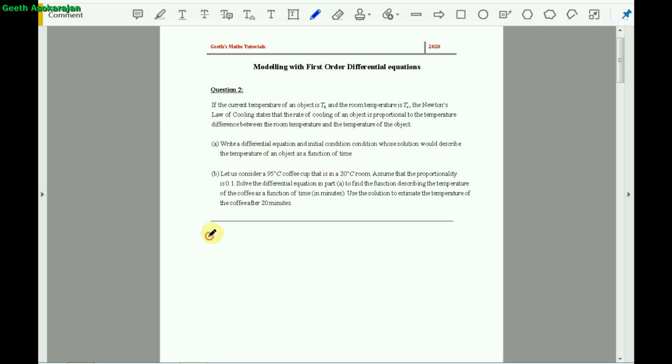So let's have a look at part A of this problem. So here's part A. Now let me define capital T to be the temperature of the object.